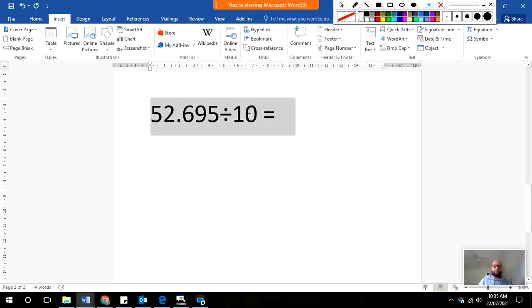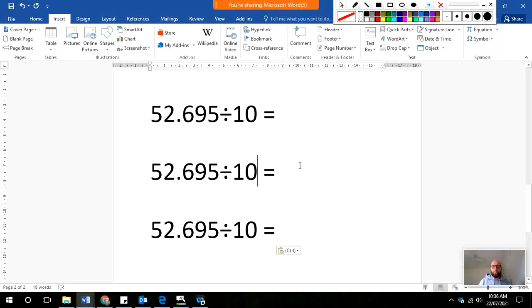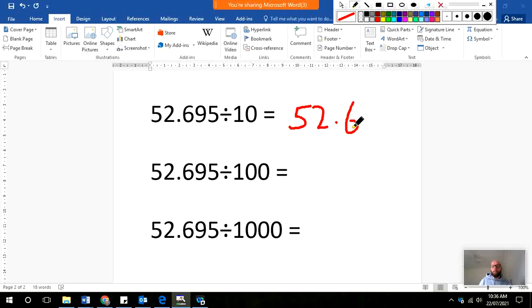And then let's make this 100, so we can see the difference between the three of them. 52.695. If we're dividing by 10, we're moving one place value to the left. If you think about it, 50 divided by 10 is 5. So that makes sense, because the answer will be around about 5.